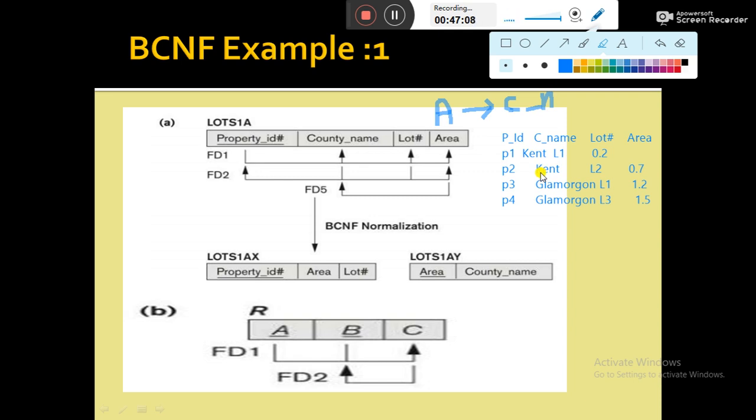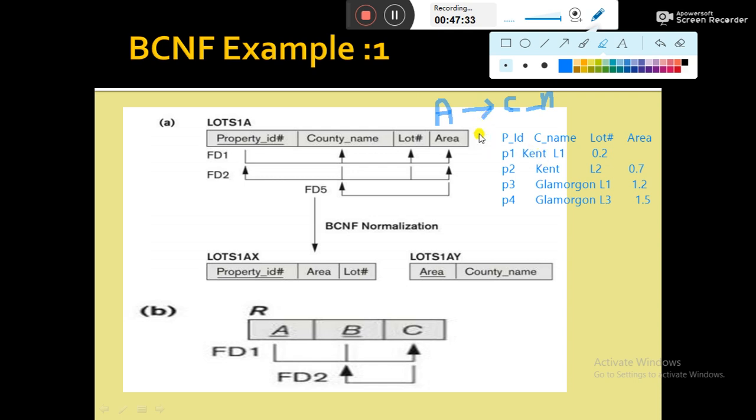That means the restriction is that the area distribution within Kent should be within 1 acre, meaning the value range should be from 0.1 to 0.9 based on this functional dependency.